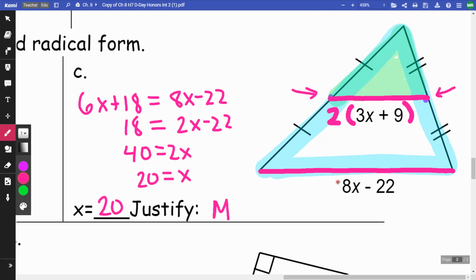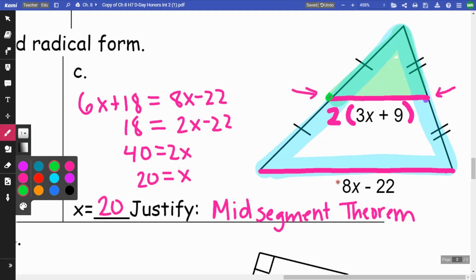And again, this is going to be from what we call the mid-segment theorem, where I take the midpoint of one side of a triangle, connect it to the midpoint of the other side of the triangle. When I do that, these sides are split in half. These sides are split in half.